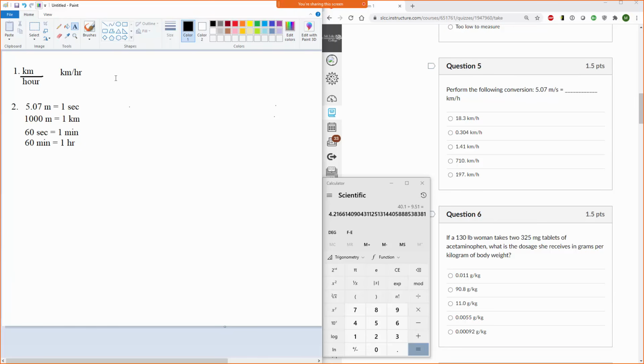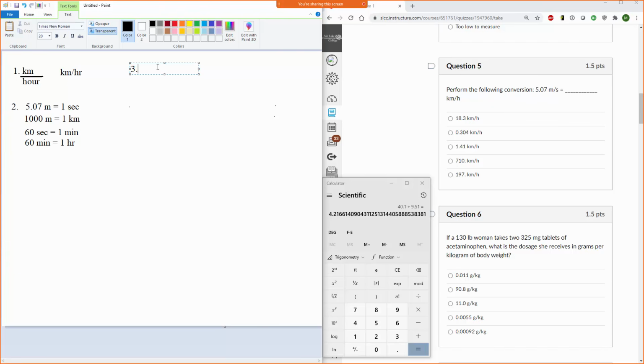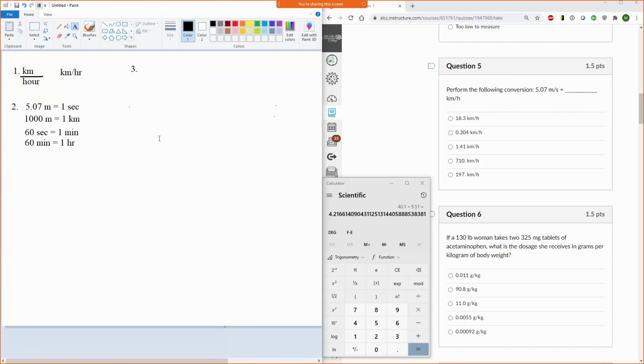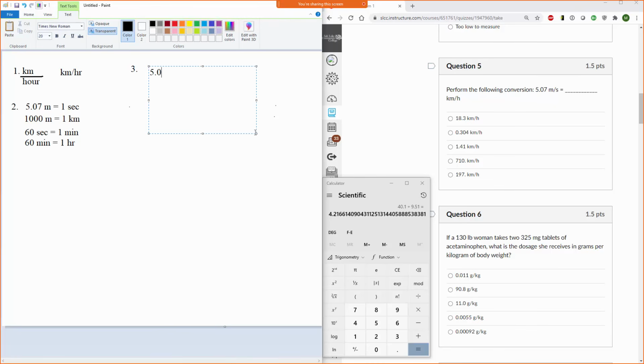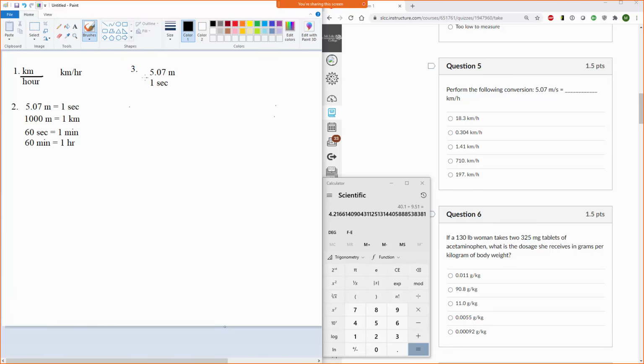So now, step 3, we're going to set this up. And where shall we start? Okay, 5.07 meters per second. And remember, there's more than one place you could start, but this is perfectly appropriate to start right there. That's totally fine.